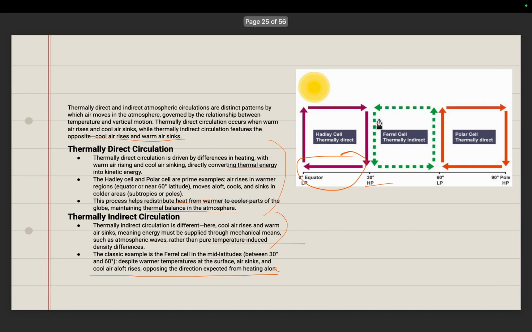This is the Ferrel cell surface component. It is moving from the high pressure to the low pressure region.